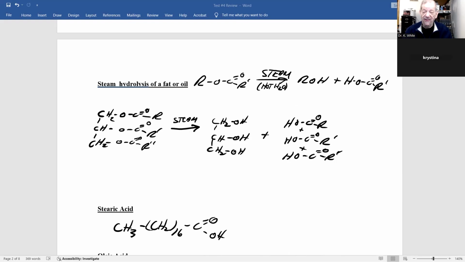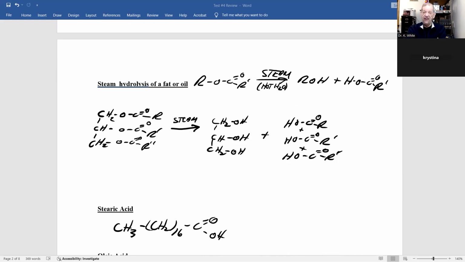Because time is money in industry. Well, one way is use a catalyst, like acid or base. The other way is there's a rule of thumb that for every 10 degrees Celsius you heat, most reactions double in rate. So for most, not all, but most reactions, higher temperature, it goes faster. Well, what's really hot water?